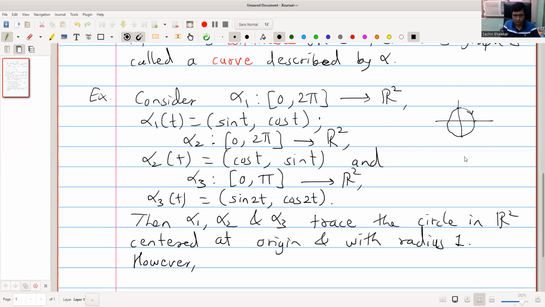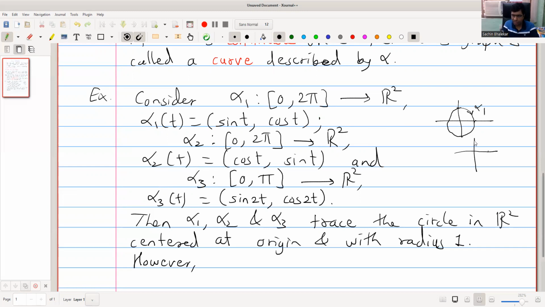So we can realize that the curve traced by alpha 1 is clockwise. On the other hand, if we consider alpha 2, then the things are exactly opposite, because the components are interchanged. When t is 0, we get (1, 0), that is x is 1, y is 0. And when t is pi by 2, we get cos pi by 2, sin pi by 2, that is (0, 1).